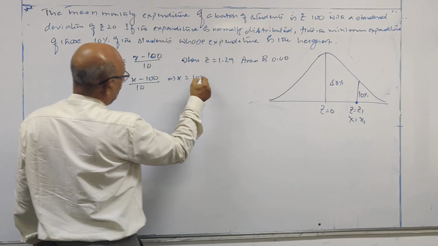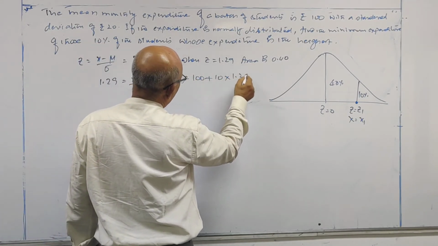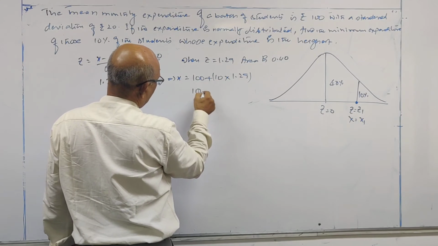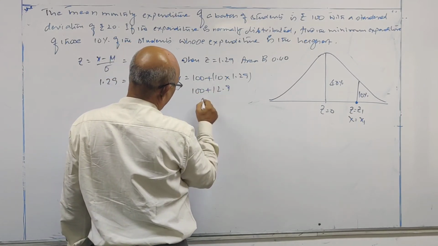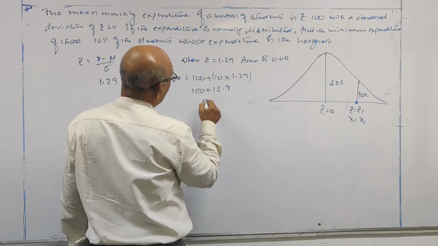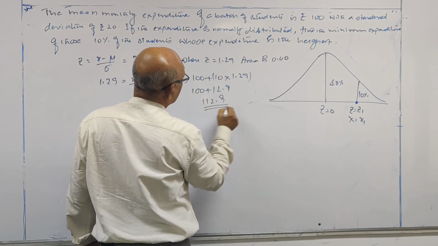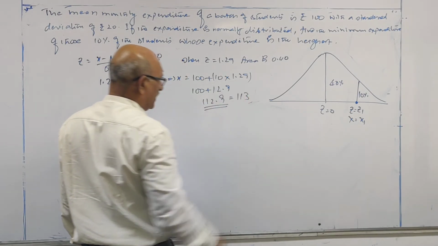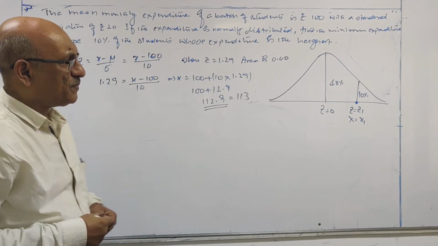This implies X is equal to 100 plus 10 into 1.29, 12.9. So 112.9, approximated to 113.